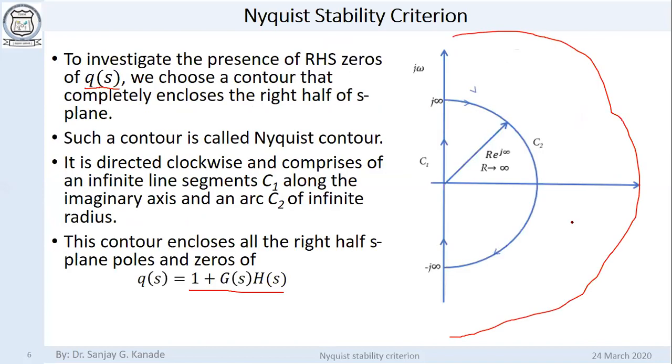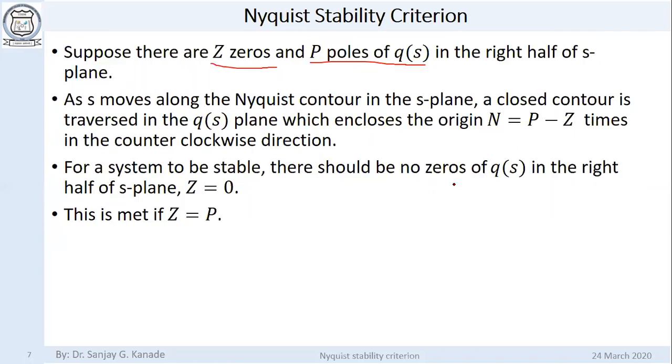Because if you remember from the discussion of the closed contour, for enclosing poles and enclosing zeros, there will be angles 2 pi and minus 2 pi for each pole and each zero. So overall, the origin will be enclosed P minus Z times.